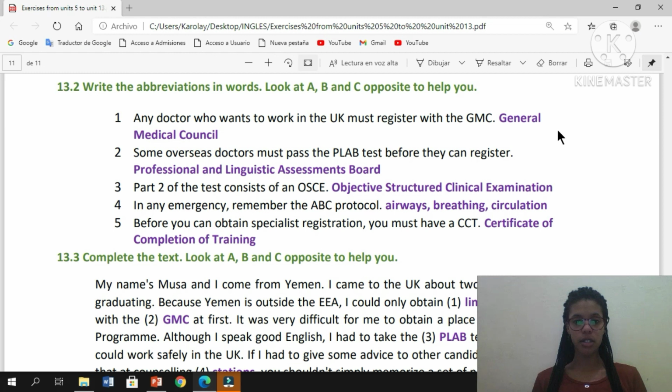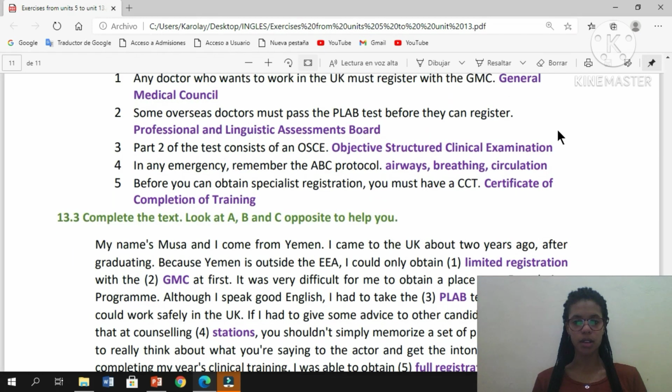Some other doctors must pass the PLAB test before they can register. The answer is Professional and Linguistic Assessment Board. Part 2 of the test consists of an OSCE. The answer is Objective Structured Clinical Examination.